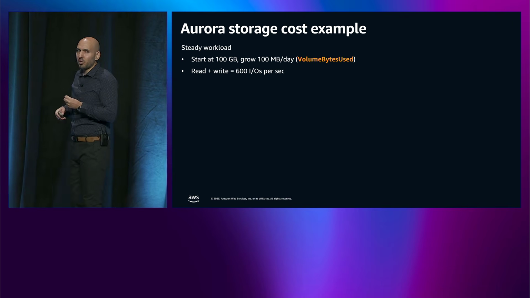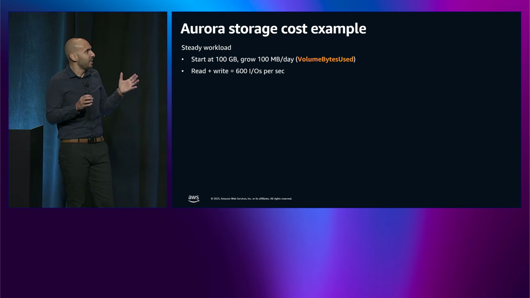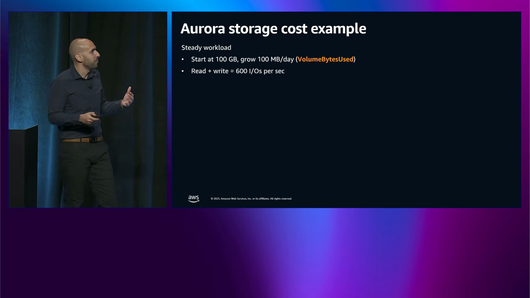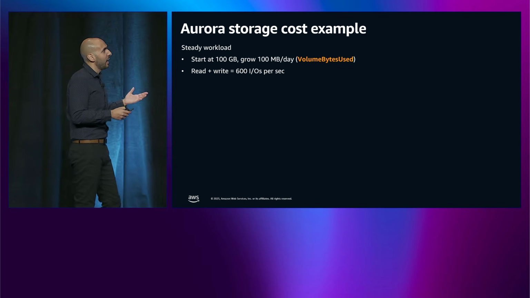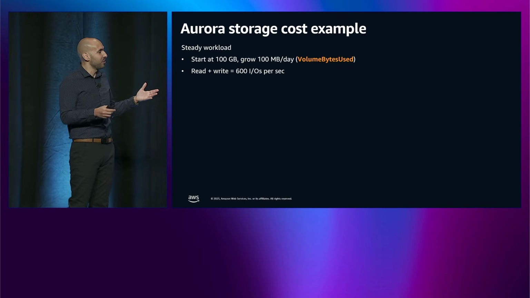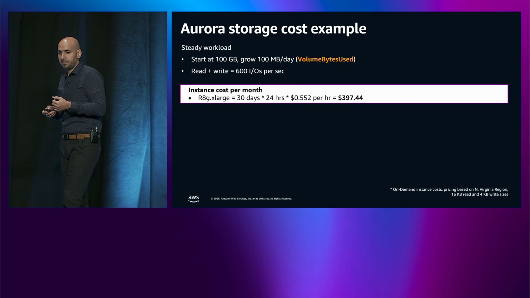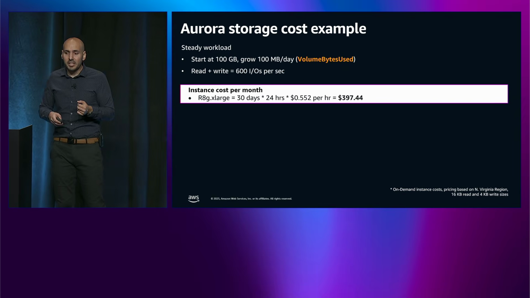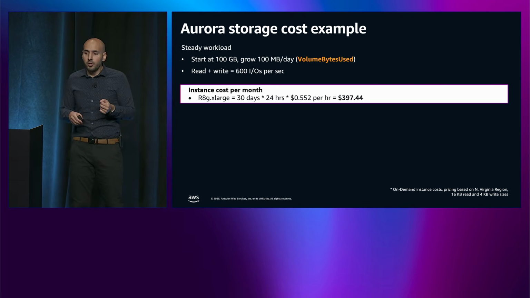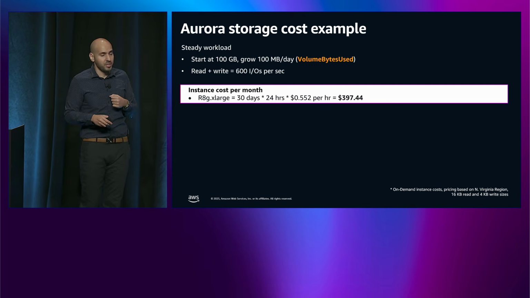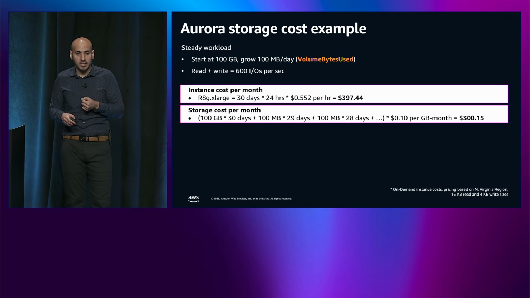So let me walk you through a cost example. Now we have 100 gigabytes of storage, and we grow 100 megabytes per day. The read and write I/O is 600 IOPS per second with 400 reads and 200 writes. Just like in the earlier RDS example, we use an r5 extra large, and you can see the monthly cost for the instance.